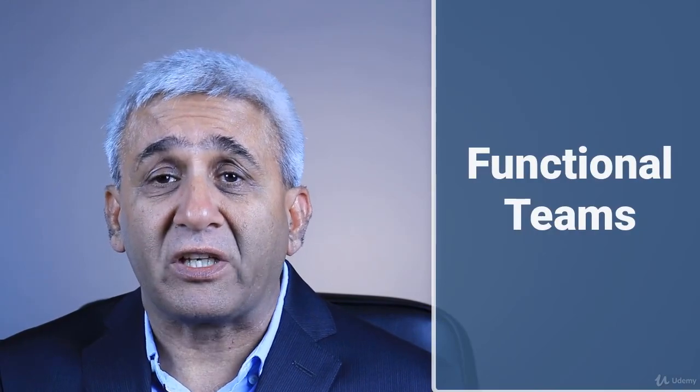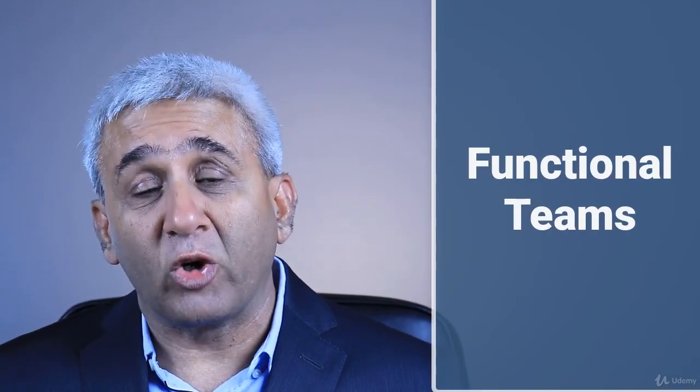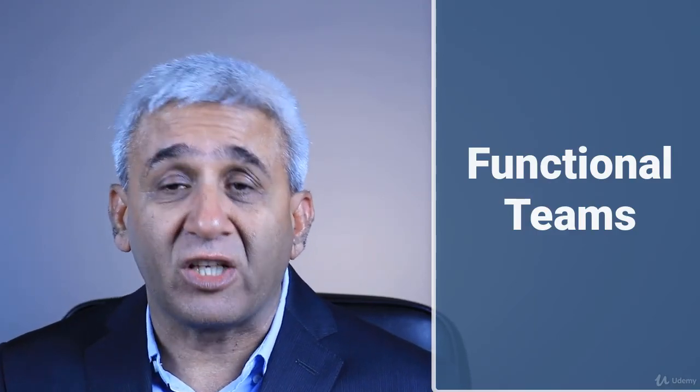A team could be a functional team. A functional team is related to a specific function. Let's say if you have all the people from manufacturing working on a manufacturing problem, that's a functional team working on a specific function or a specific area. In addition, you can have a cross-functional team.